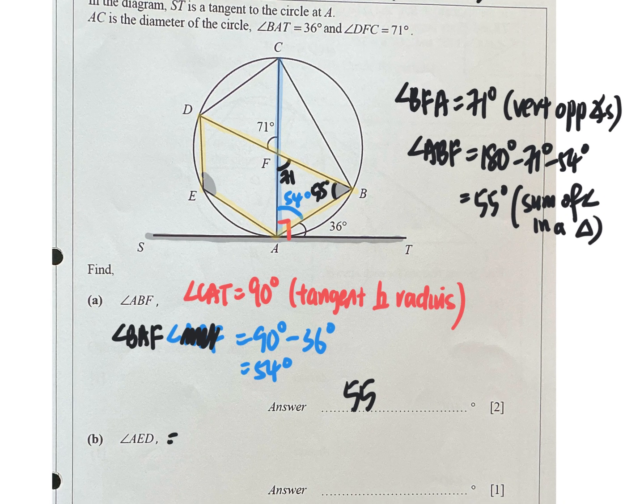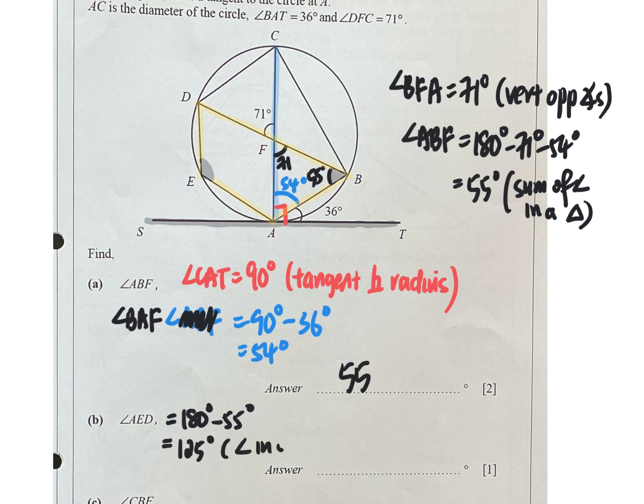So AED is 180 minus the 55. So you get 125, angles in opposite segment. So the answer is 125. Did you write 115 or 125? Okay, my bad, correct it.